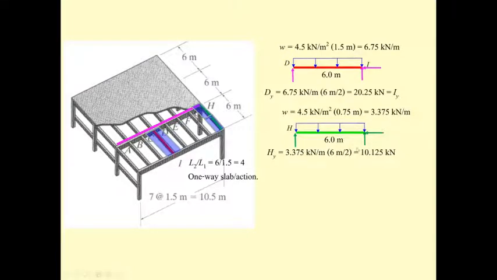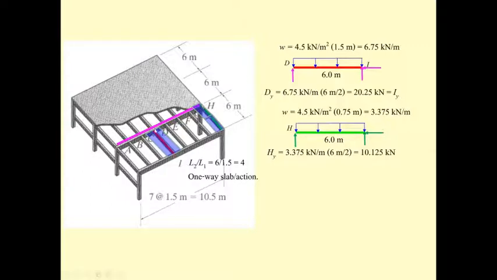That is going to be 10.125. However, the beam on the other side is also going to distribute 10.125 at point A. So that means at point A there is 10.125 and 10.125. At point A we are going to have a 20.25 kilonewton force, and it is going to be the same as point H.